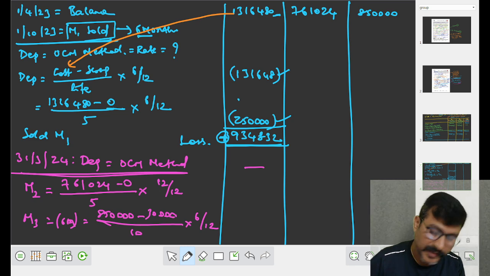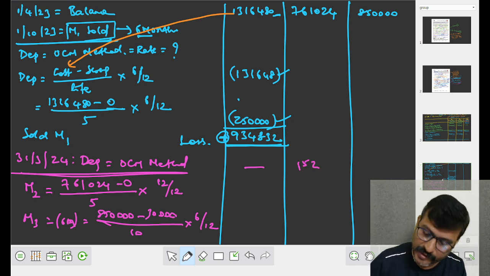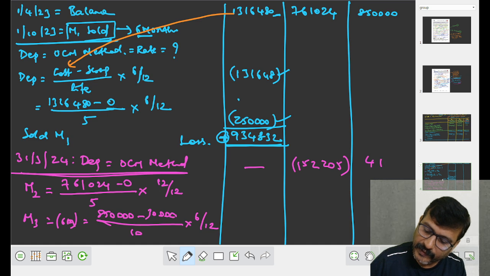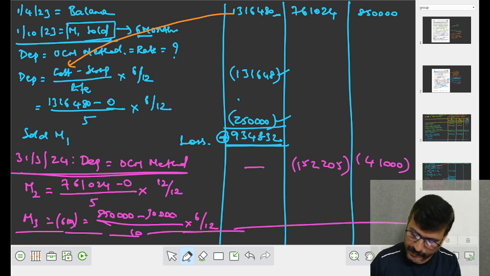It comes to rupees 1,52,205 for M2 and 41,000 for M3. Now you work out a balance. The balance is to be worked out on what date?